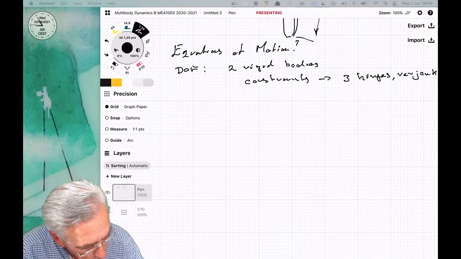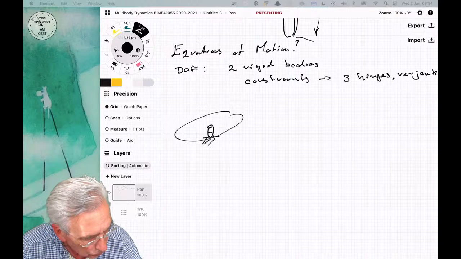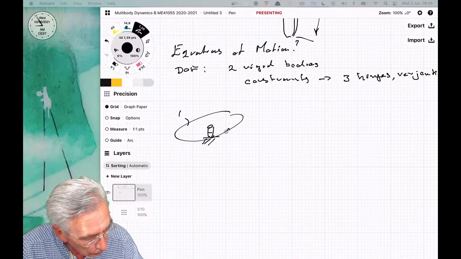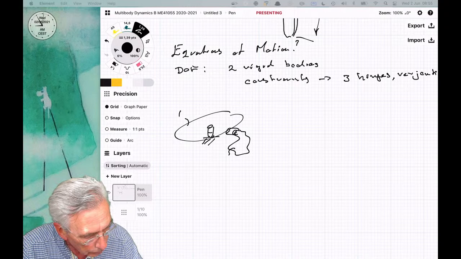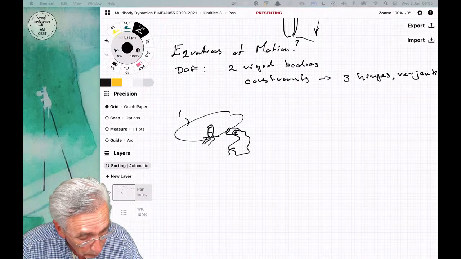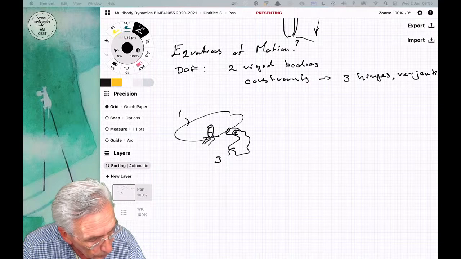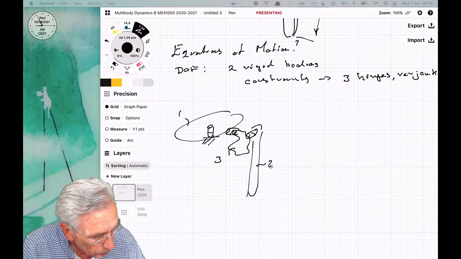We have a disc, and there's a hinge connected with the ground, so that's body number 1. Then here we have a hinge connected between this body and a virtual body. Let's say that's number 3, because we already have a number 2. And connected to that virtual body is a 3rd hinge, and then here we have body number 2.